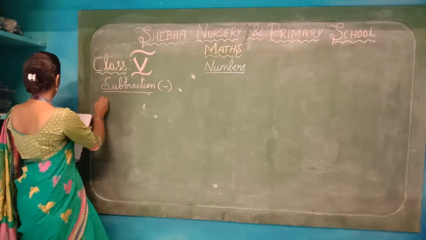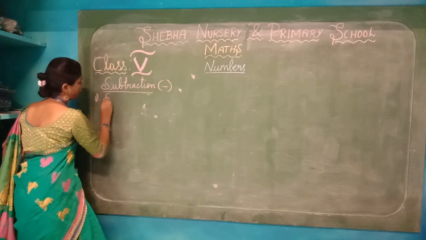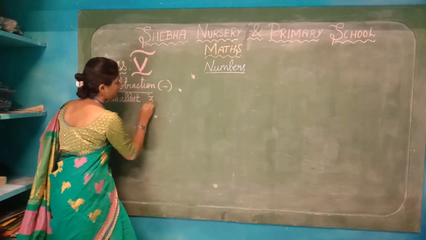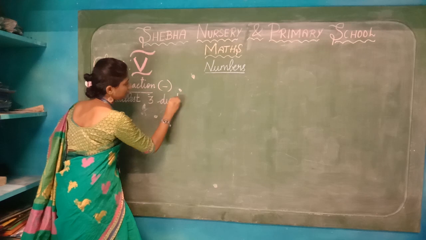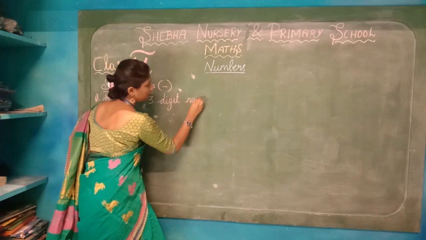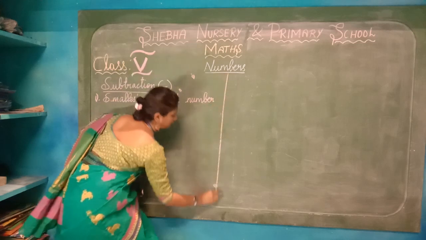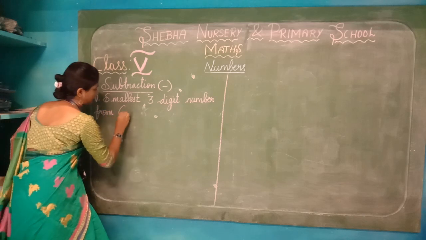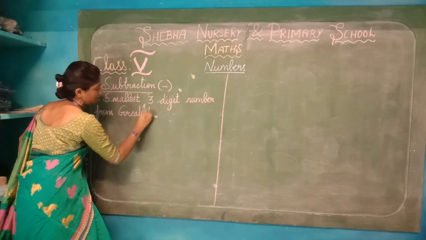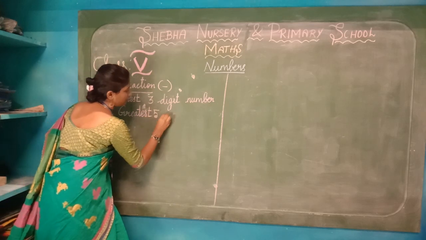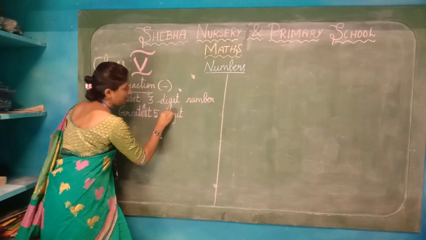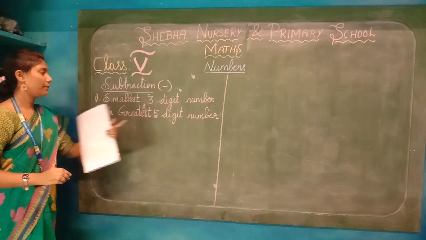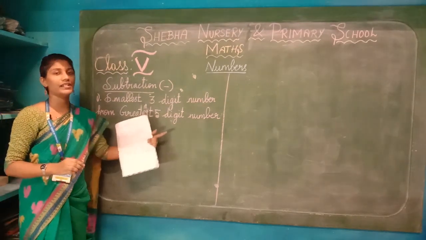First I have to write the question: smallest 3-digit number from greatest 5-digit number.